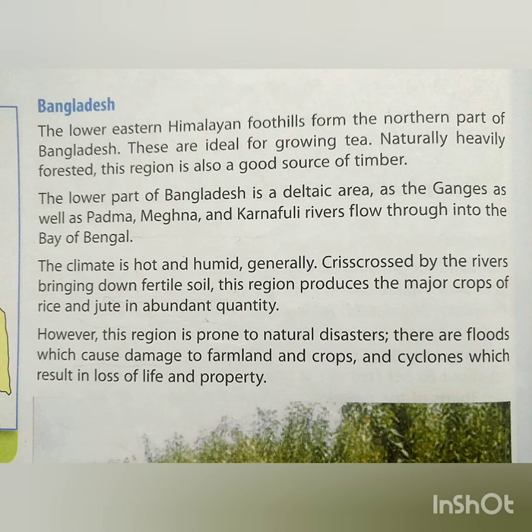The climate over here is hot and humid, and crops like rice and jute are grown in very large quantity. But there is a disadvantage of this area, that it is prone to natural disasters like floods, which cause so much damage to farmland, crops, and people's lives and property.